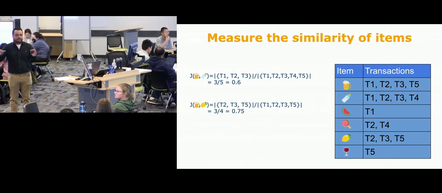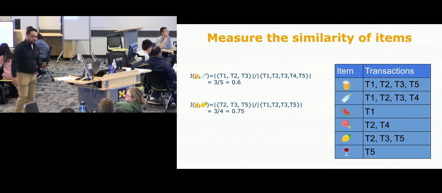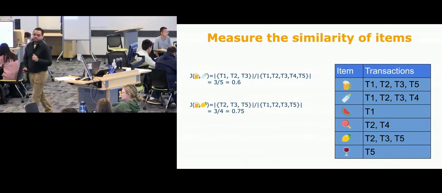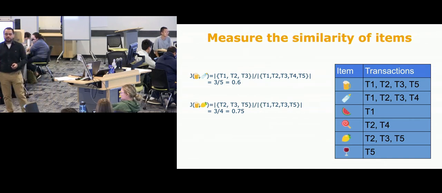It's only about that particular data set that you're analyzing. If you analyze data from a different database, it's very possible that the purchase patterns could be different. Similarly, the Jaccard similarity between beer and lemon is 0.75.